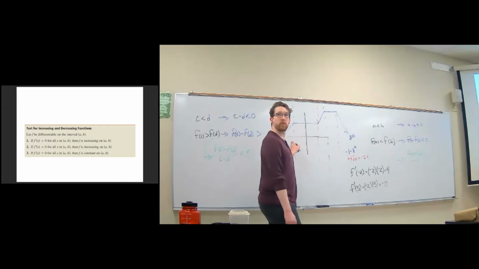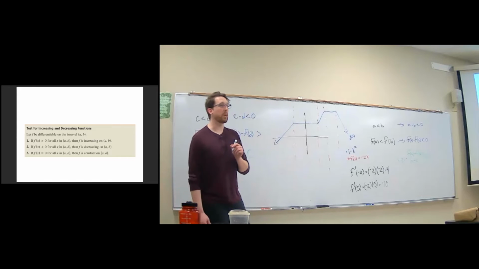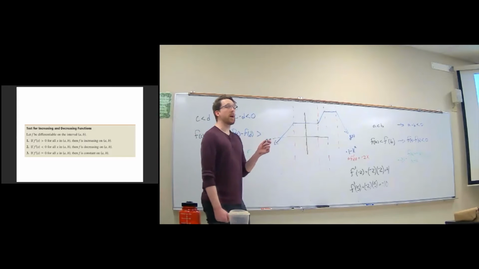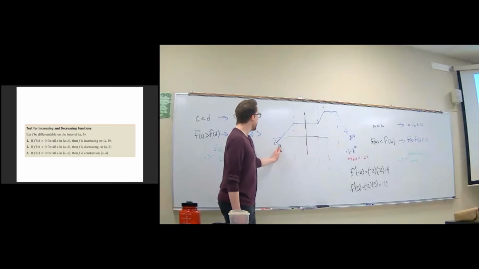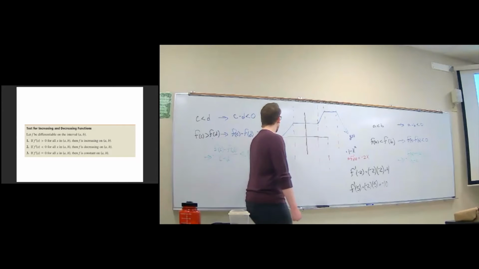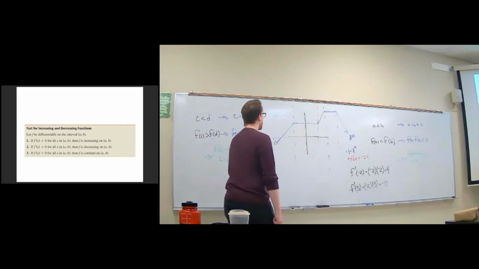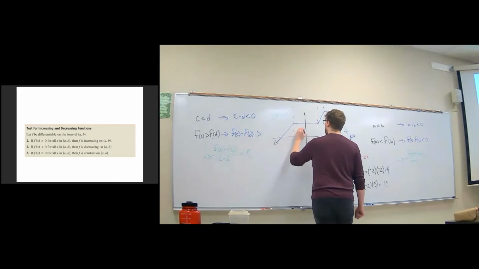In this interval, our slope, our derivative I should say, is what? Is it positive, negative, or zero? Negative. In here? Positive, increasing, right? So g prime of x is greater than 0. Through here, however, g prime of x is equal to 0.